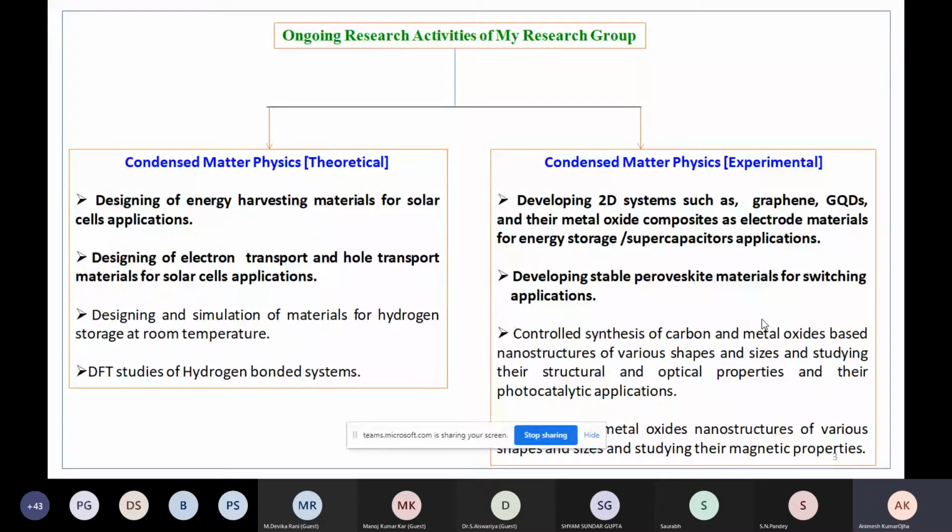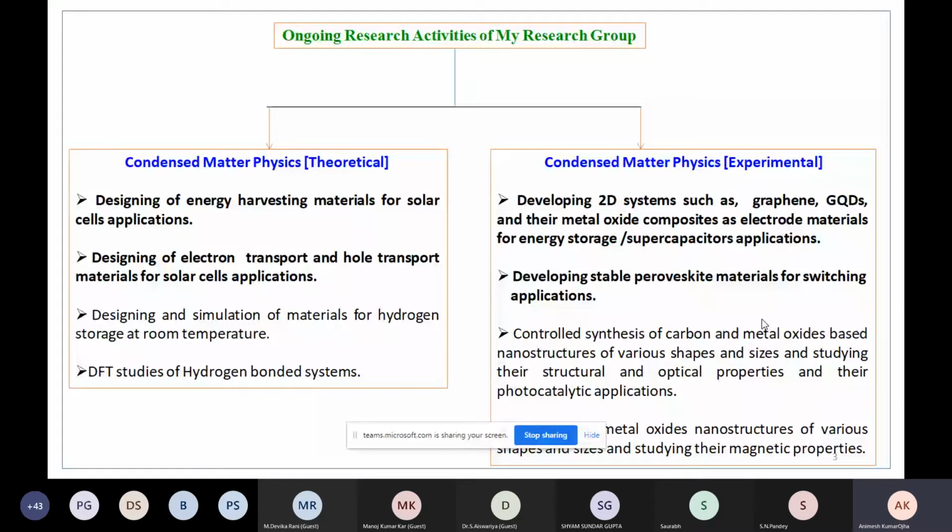And obviously designing and simulation of materials for hydrogen storage at room temperature, and DFT studies of hydrogen bonded systems. I'm going to focus on the first two topics of this condensed matter theoretical group, that is designing of energy harvesting materials for solar cell applications, and designing of electron transport and hole transport materials for solar cell application.